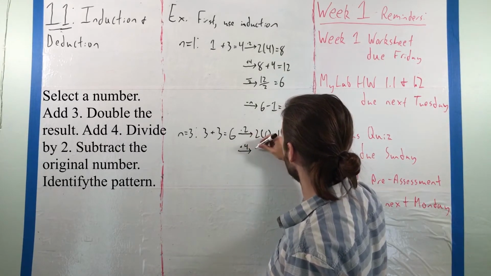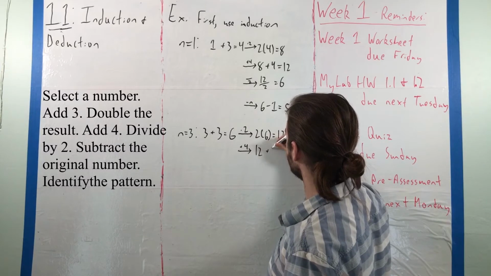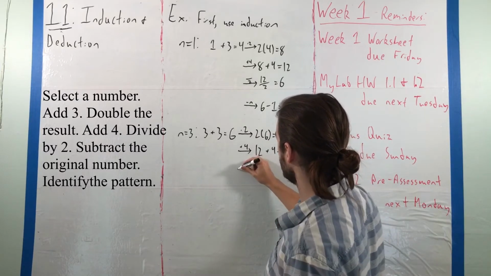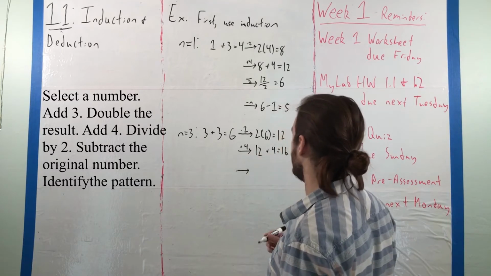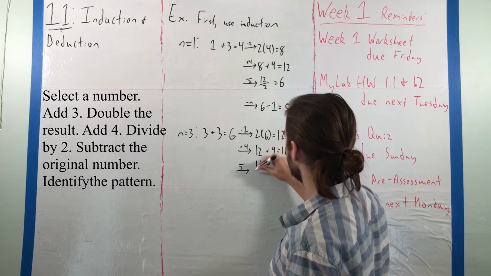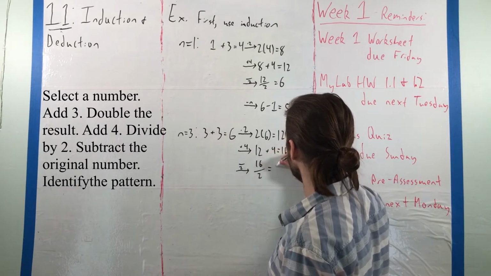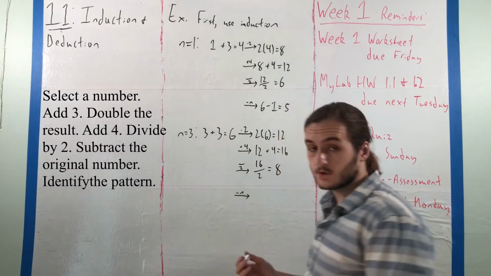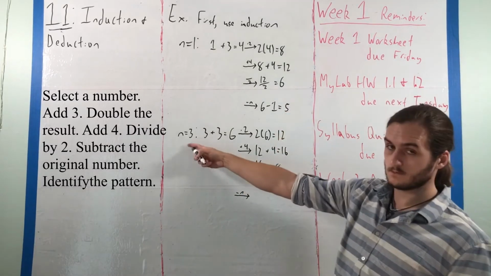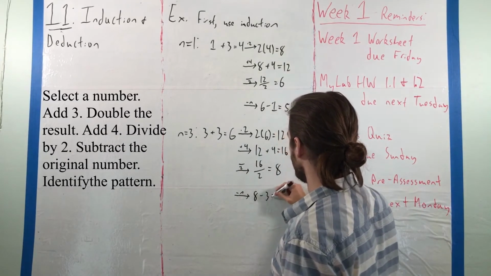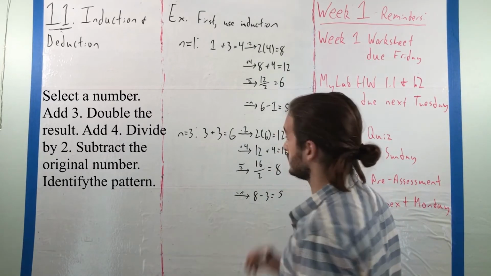And we get 12 plus 4 equals 16. Then divide by 2. And you get 16 over 2 equals 8. And finally, subtract the original value, which here, remember, was 3. 8 minus 3 is equal to 5.